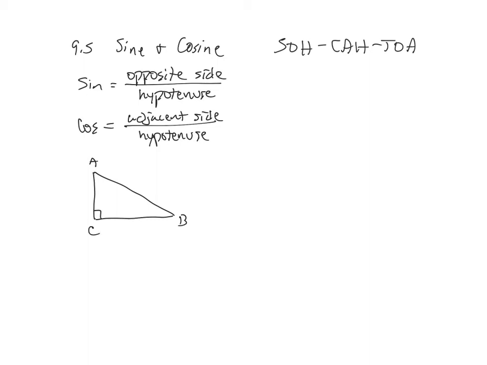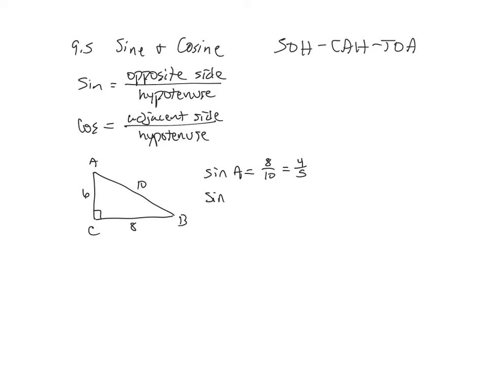Okay, so some of the beginning problems will ask you to write the different ratios. So we'd say the sine of angle A. Sine is opposite over hypotenuse, so the opposite of A is 8, and the hypotenuse is 10. And again, you could simplify that.